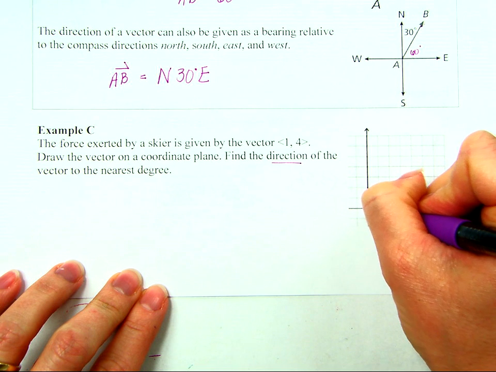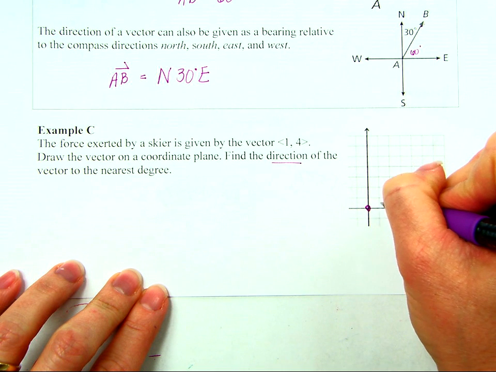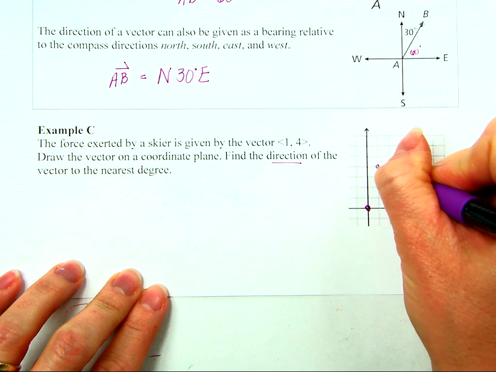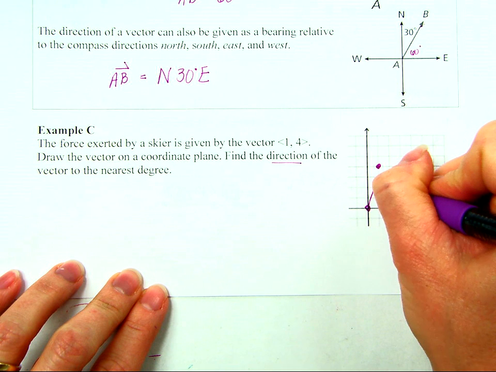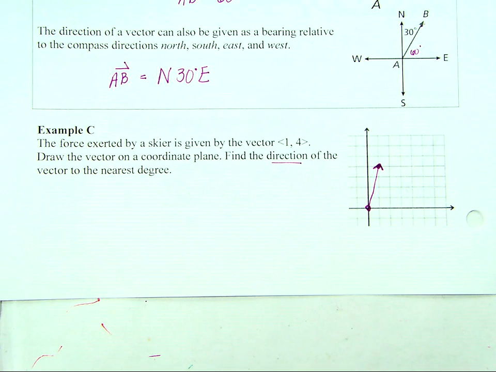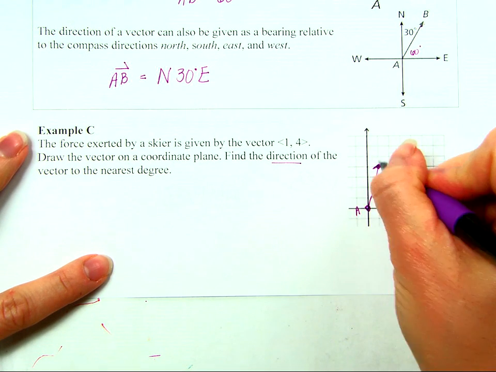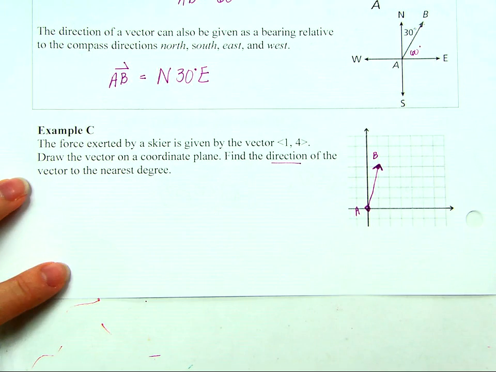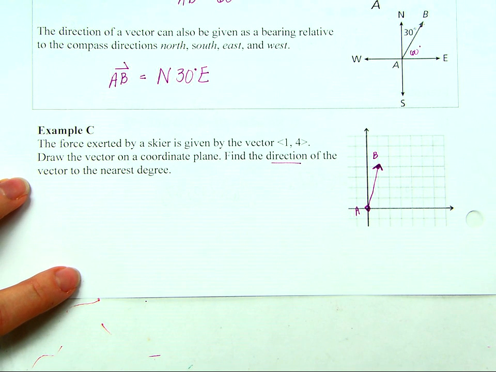So again, I'm starting at the origin, (1, 4). Now, as I look at this, I'm going to call my vector AB. We want to know the direction of our vector.